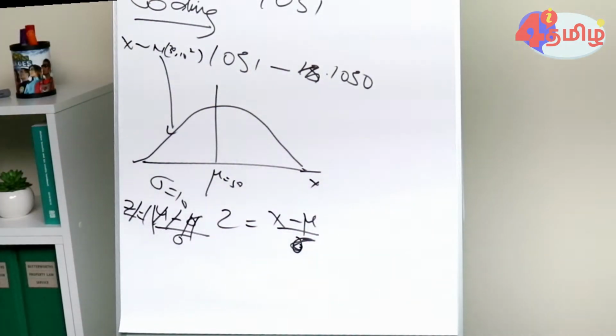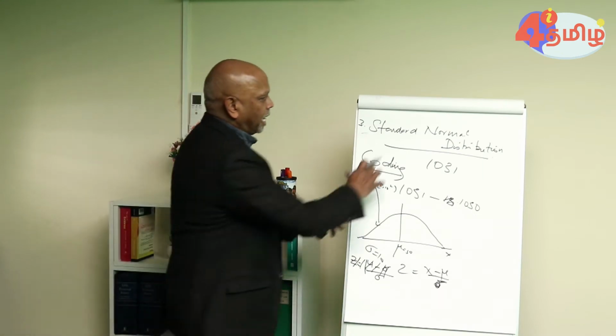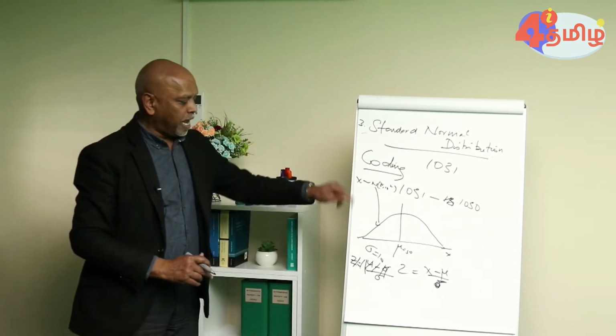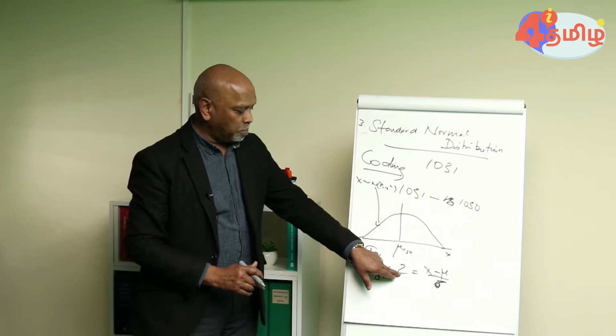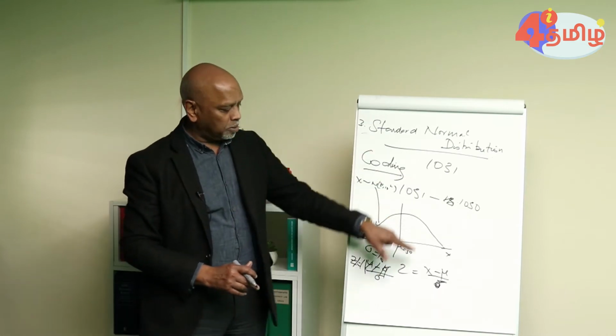So this is the coding. You probably ask, what is z? That is the random variable in standard normal distribution. So x in the normal distribution now becomes z in the standard normal distribution.